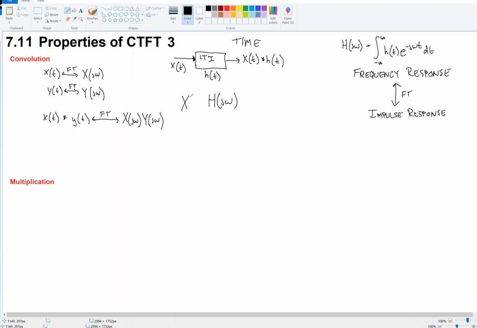Find the Fourier transform of my input, and then multiply them together. Multiply is the operation in frequency, and that gives us the Fourier transform of the output, if the output was y. So that's how we can get the output in another way.